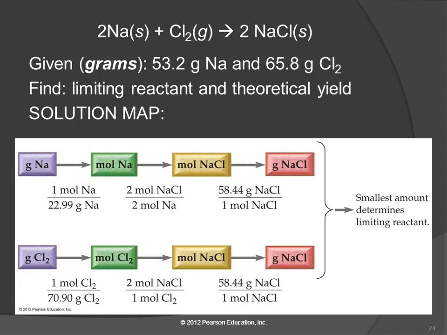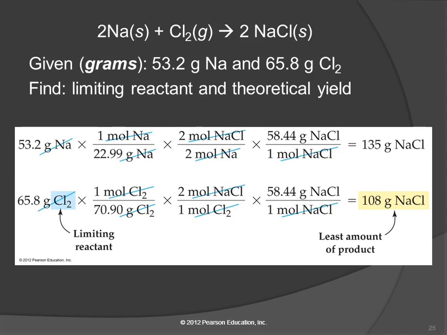So we're going to do two calculations, but this time it's the full-blown grams to moles to moles to grams. First for the sodium, and then for the chlorine. Grams to moles to moles to grams. We're going to end up at the same compound, whatever the product is that we're interested in. And then we're going to identify which one is the smallest.